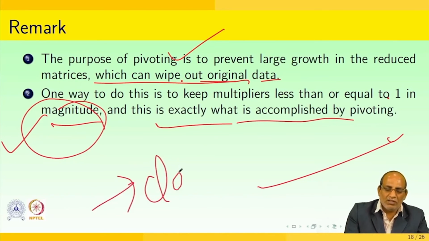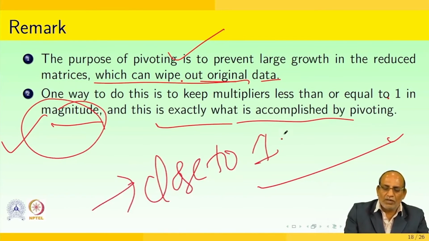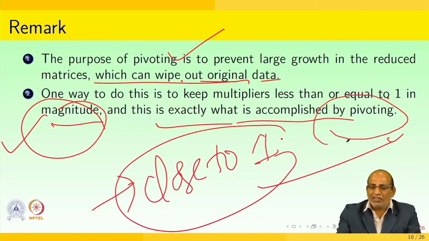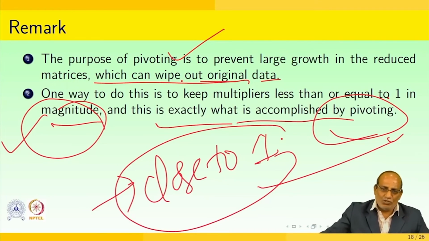This is exactly what is accomplished in pivoting, so that we will be able to get a better approximation. Therefore pivoting is required. If you don't do the pivoting, the original data may be wiped out. As a result, the relative error which we are trying to compute may go up, which is not a desirable situation.